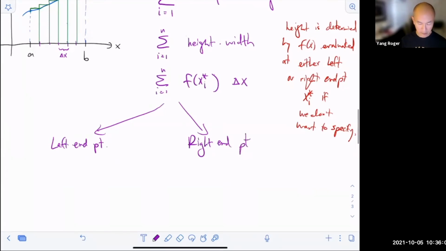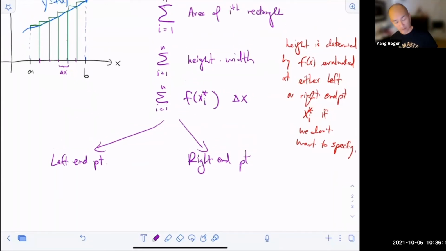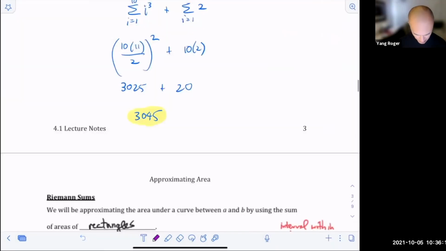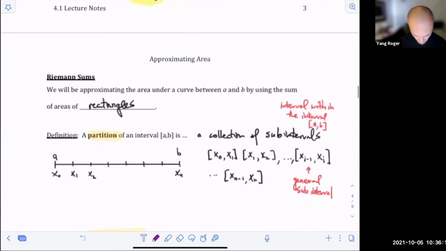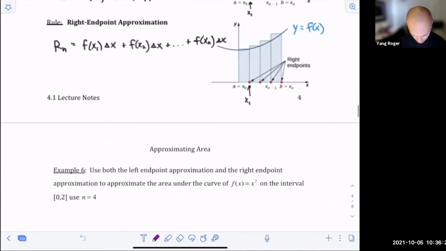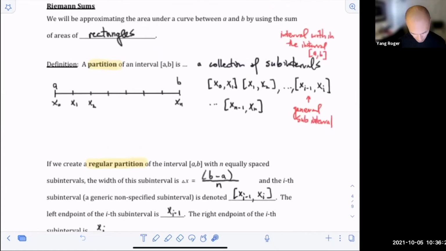So let me refer back to my worksheet. If you go to our worksheet over here, we have our picture. When I chop it up, we actually call this a partition.